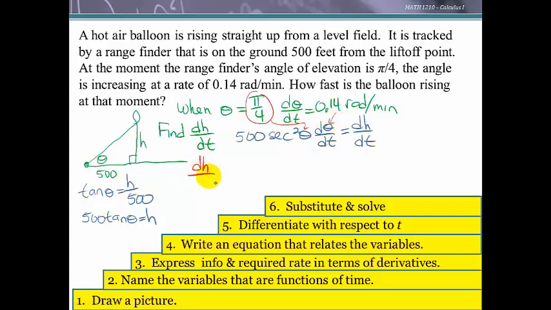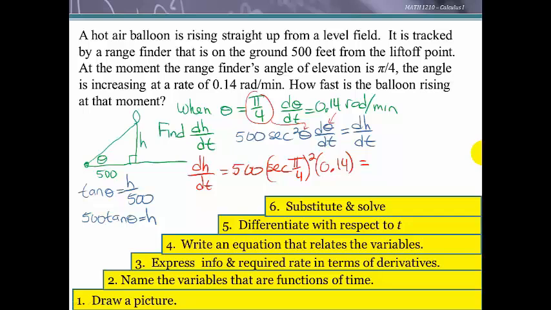So dh dt will equal 500 secant of pi over 4 squared times 0.14. Secant of pi over 4, well, that's the reciprocal of cosine of pi over 4, which is 1 over square root 2.